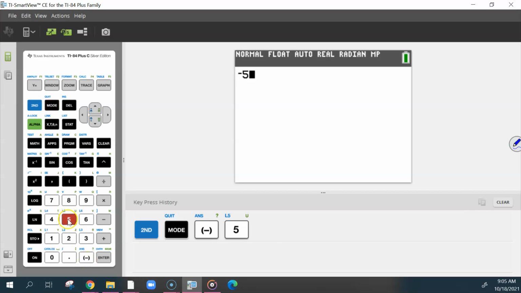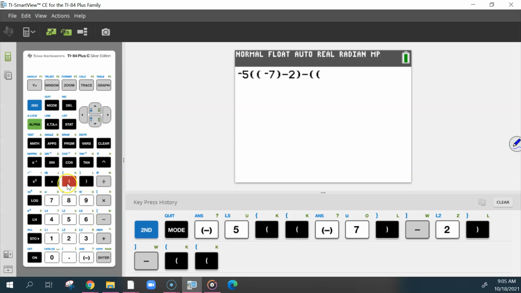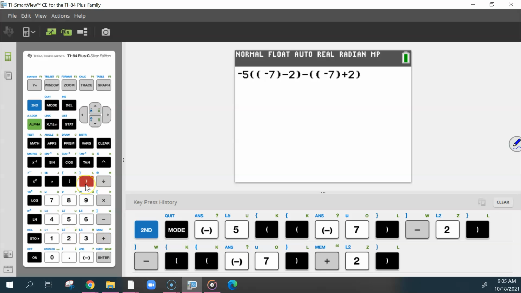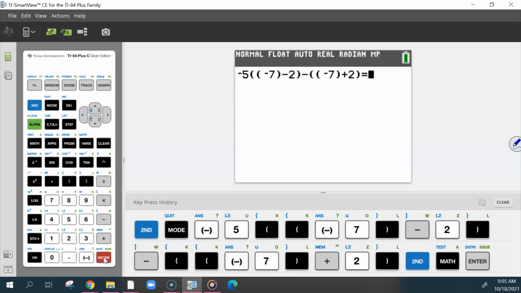So negative 5, parentheses, negative 7, minus 2, minus negative 7, plus 2. Then I'm looking for the test menu, which is above math. If you hit second and then math, you'll get the equal sign. And I could put in 50.